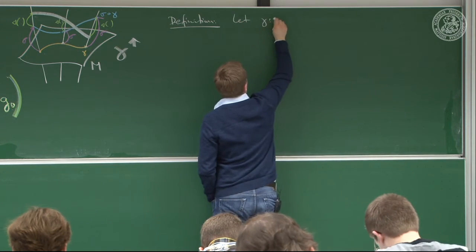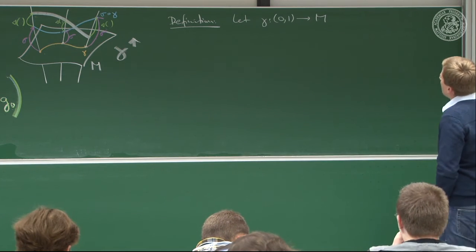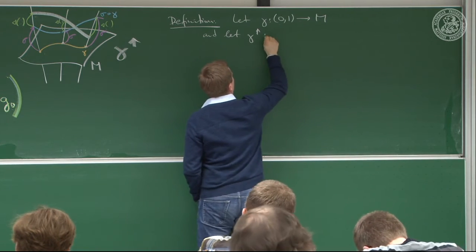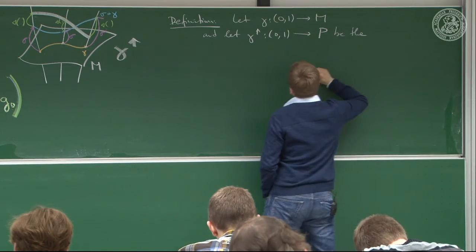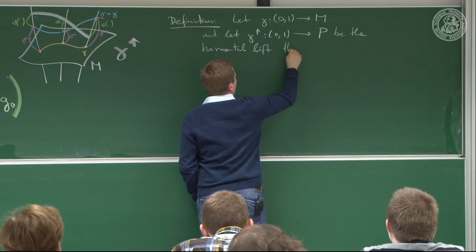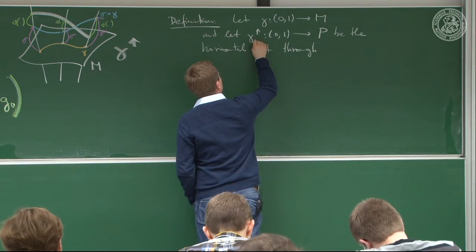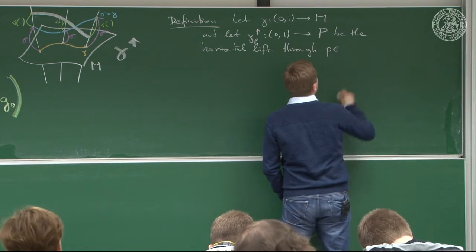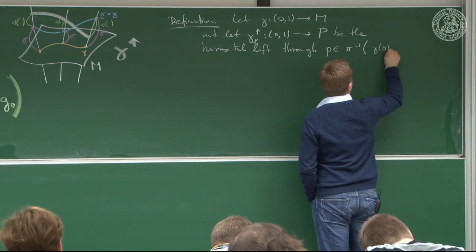Again, let gamma be a curve from [0, 1] into the manifold, and let gamma up arrow from [0, 1] into the principal bundle be the horizontal lift through, well, let's now indicate this by putting a down P here, the horizontal lift through a point P in the fiber over the point gamma of 0.